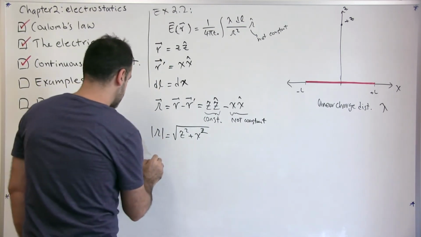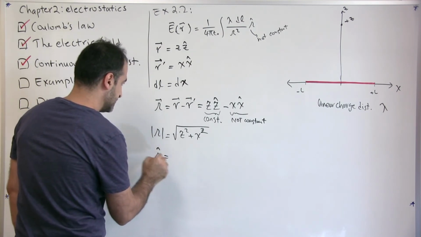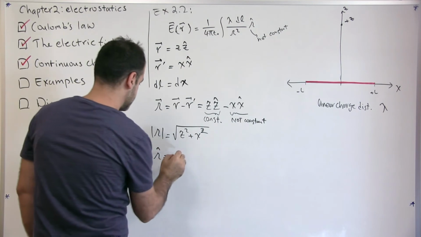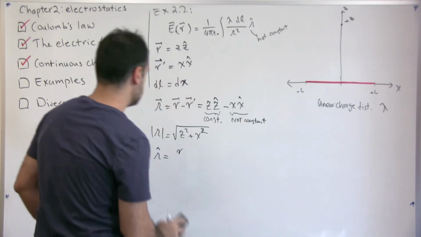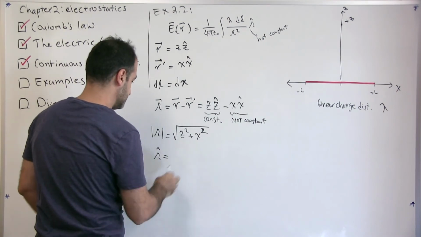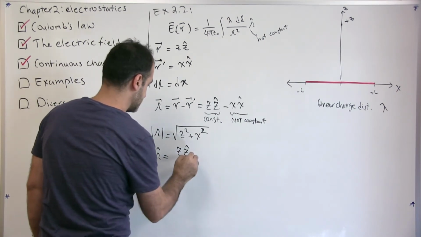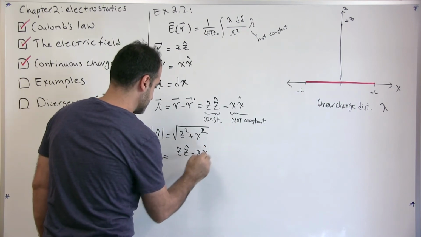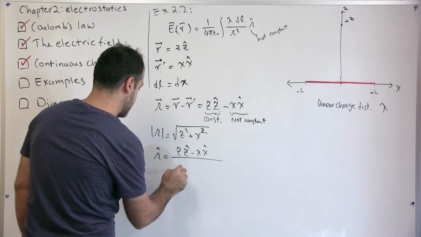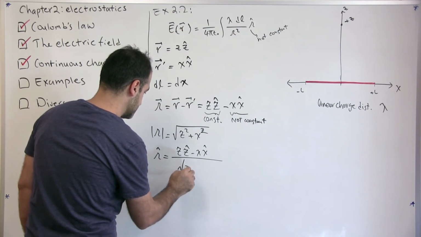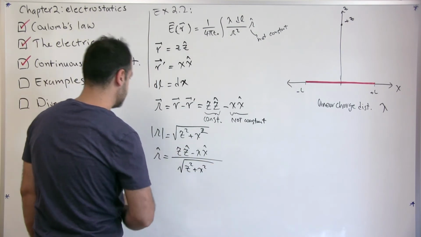And the unit vector r hat is z times z hat minus x times x hat divided by the magnitude, which is the square root of z squared plus x squared.